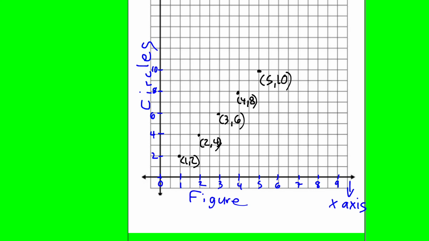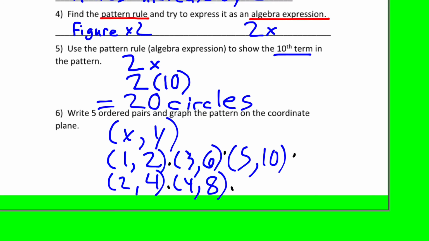And you can see when I graph this algebra, I get what's called a linear relationship. This algebra pattern makes a straight line. So there are so many different ways I can represent this algebra. I can represent it as a straight line on a graph. These points are the points on that graph.